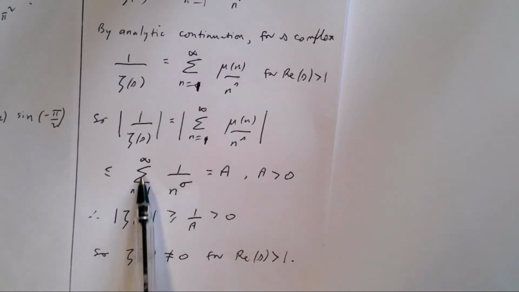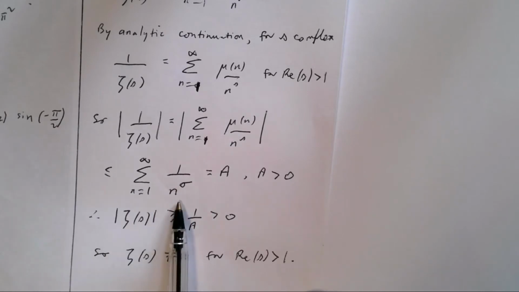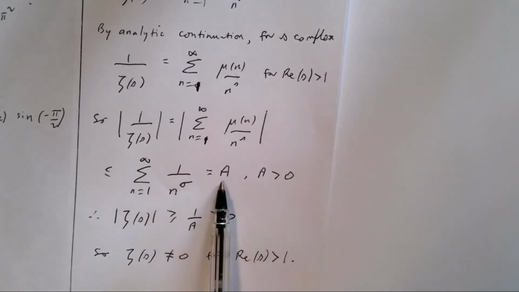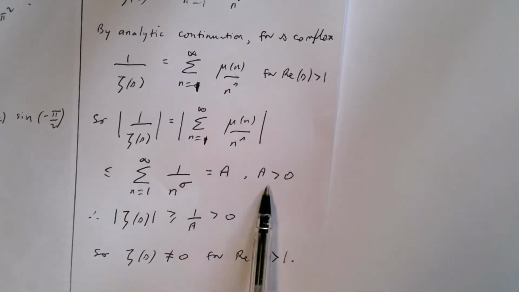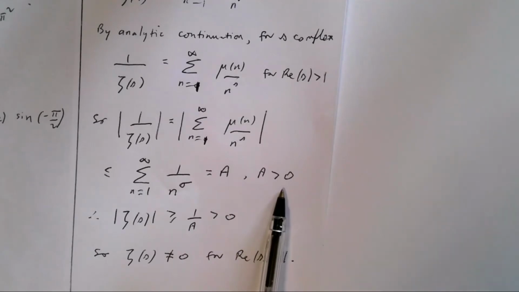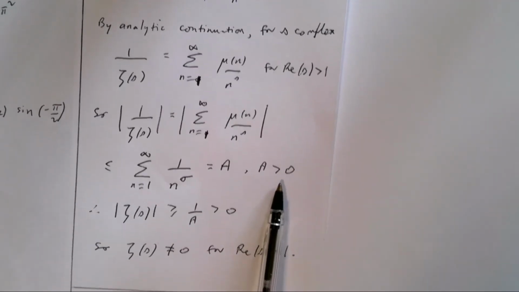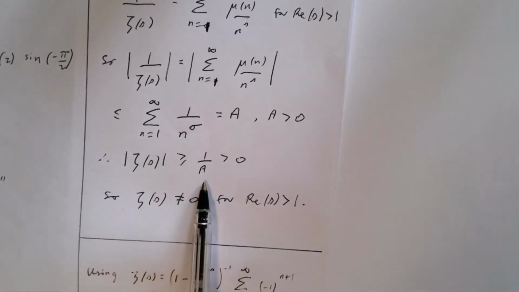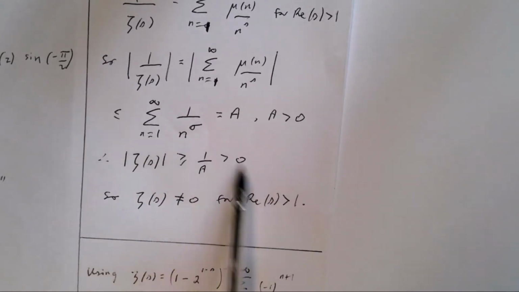Now this is all back in the real world again, and these represent sums of positive numbers, so they're positive. We know it converges if sigma is bigger than 1. So this sum just equals some number, I'll call it a, but a has to be positive. When I take the reciprocals, the modulus of 1 over zeta has to be bigger or equal to 1 over a, and that again is just a positive number.